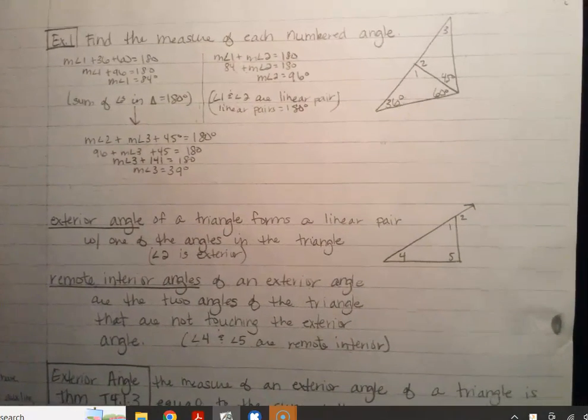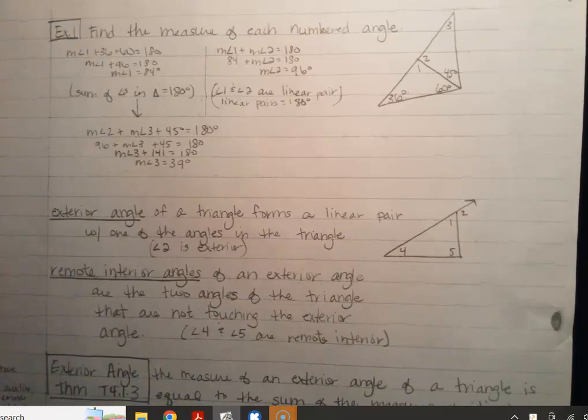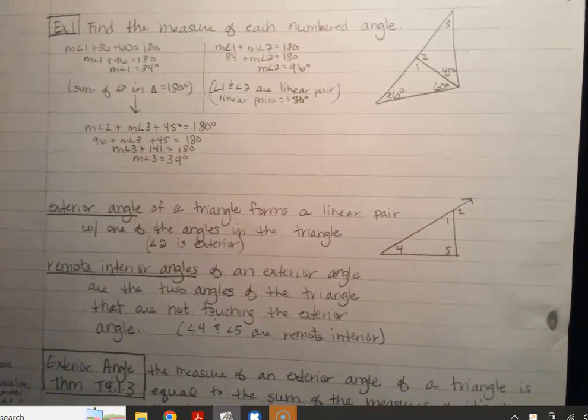Example 1. I've got the work here for you because I want to focus on finding the relationship. It says find the measure of each numbered angle. Okay, great. But how do I do that? So if I look at this, I have a small triangle right here.